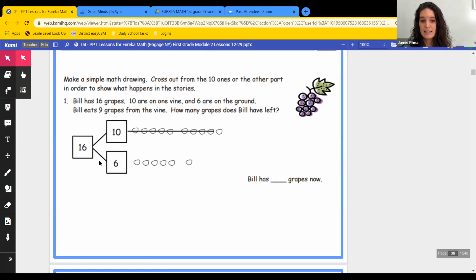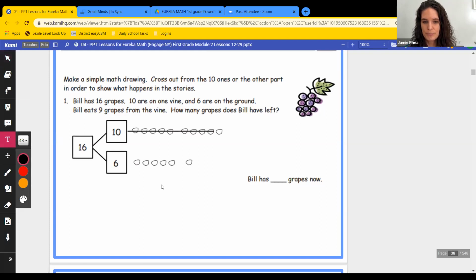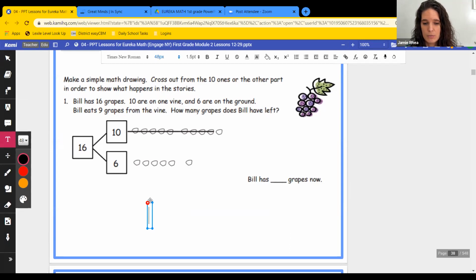Now Bill eats 9 grapes from the vine. We cross out those 9. Now I need to know how many are left. Now you can do this a couple of ways. I can say that I have 10 minus 9 equals the 1 that's left over.